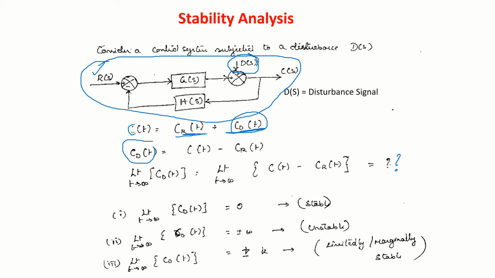So let us understand what exactly the disturbance means. Assume you have a road like this, and you are driving your car in this lane at a speed of, say, 120 kilometers per hour.